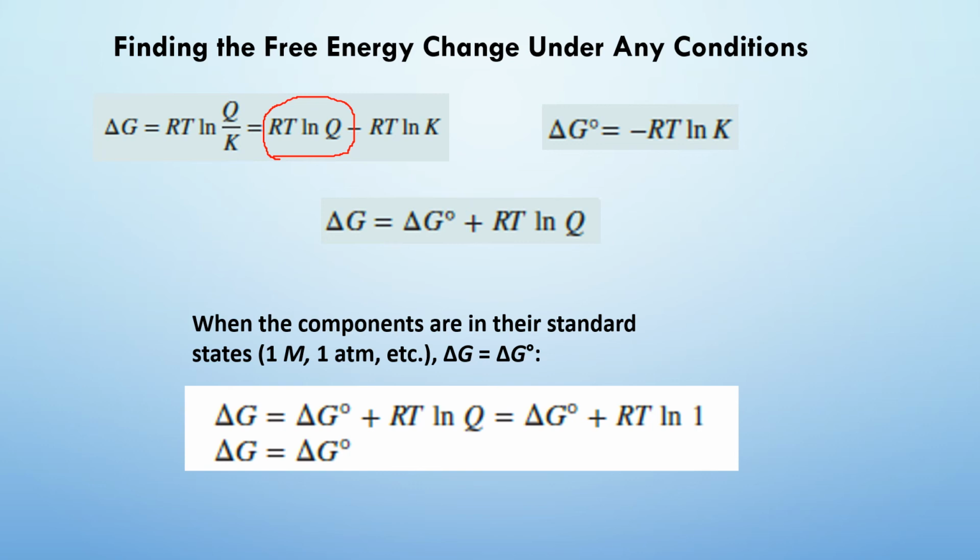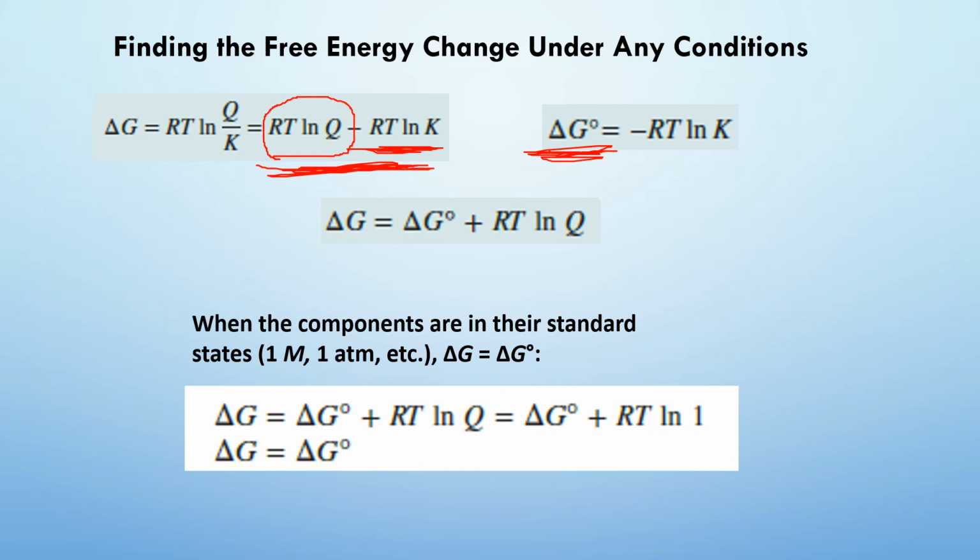But in the previous slides, we said this negative RT natural log K is equal to standard delta G. So if you replace this term using the standard delta G, you can rewrite this combination.